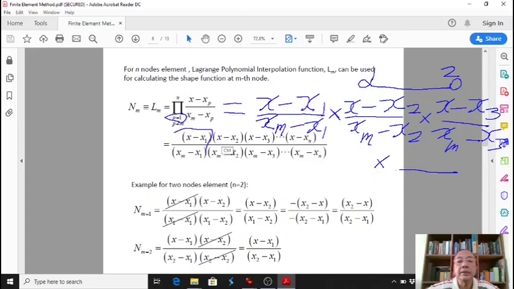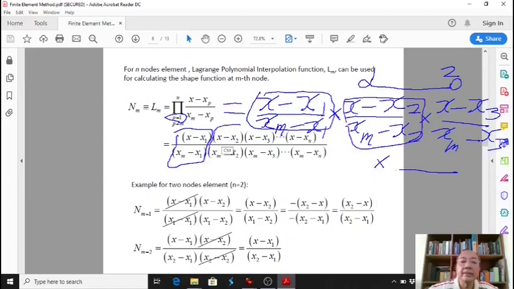So this is the first term, this comes from this, and this is the second term here, and this is the third term. So multiply continuously until p reaches n, so x minus xn, where p equals n here, and this is xm minus xn.